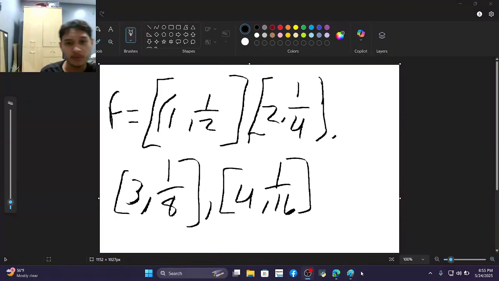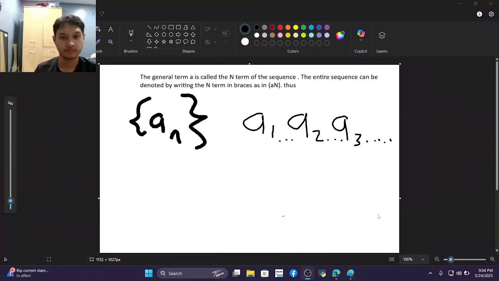Or we can write it this way as a function. So this is the x, the number n. Remember, the number n will be substituted for x like in an x function. So this will be 1, 2, 3, 4. We can write it this way also. The general term is called the nth term of the sequence.